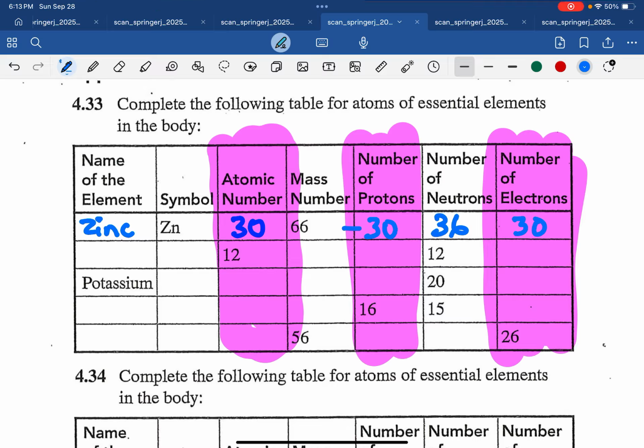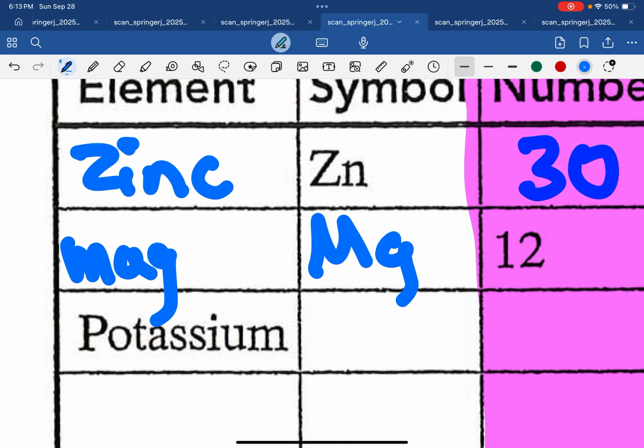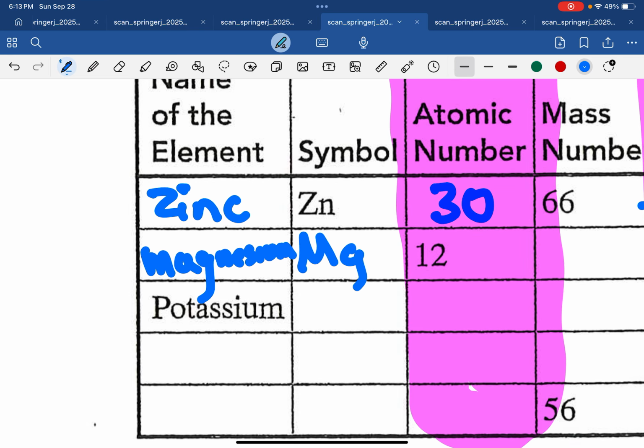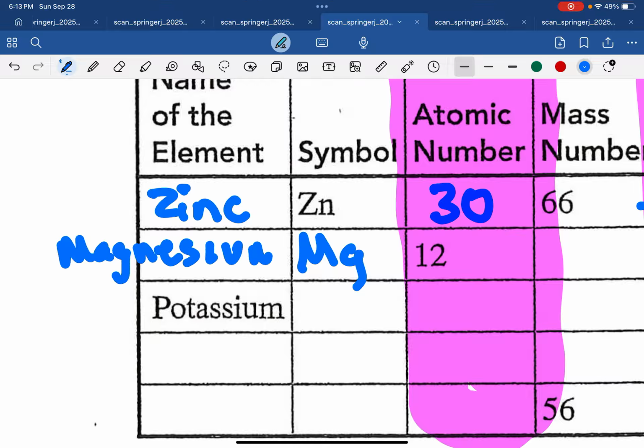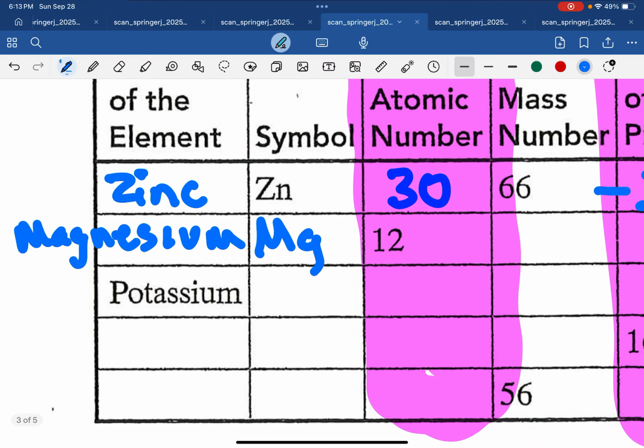I'll do one more. Number 12. Isn't that magnesium? Oh, that's really hard to read. You can probably write smaller than I can.